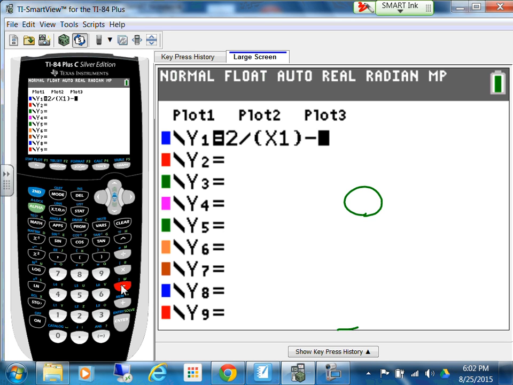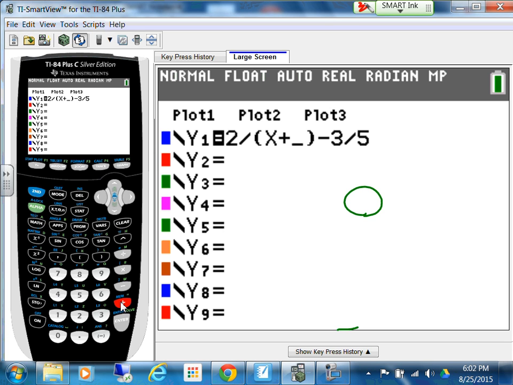Oops, I've done that one wrong. All right, 2 over x plus 1, minus 2. And I'm going to do the graph for this.